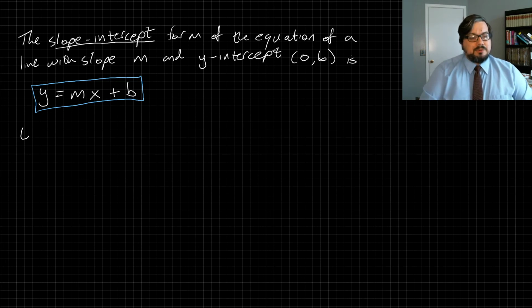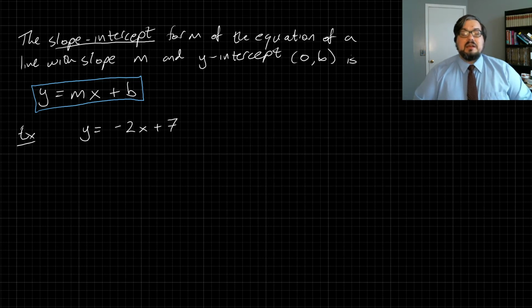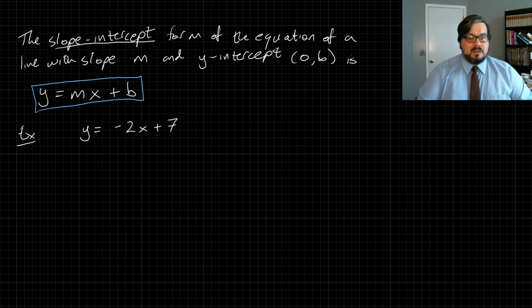So for example, if I look at the equation y equals -2x plus 7, I can read off what the slope and the y-intercept of the line that is the solution to this equation immediately just from the equation itself.